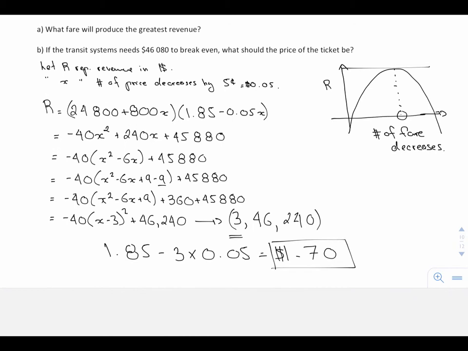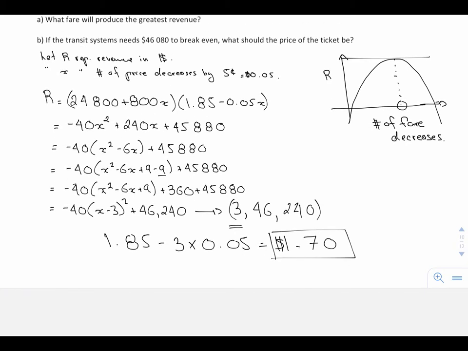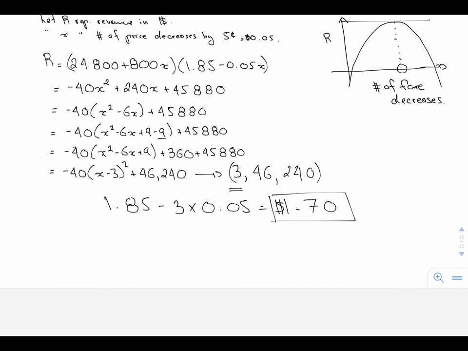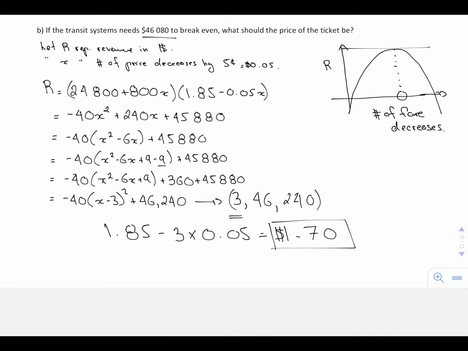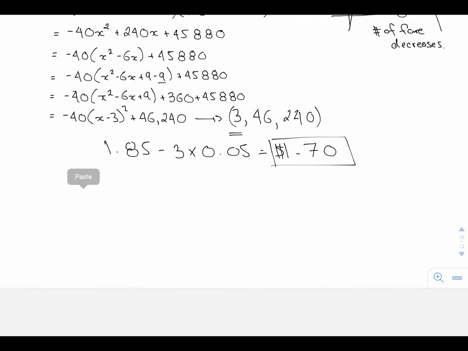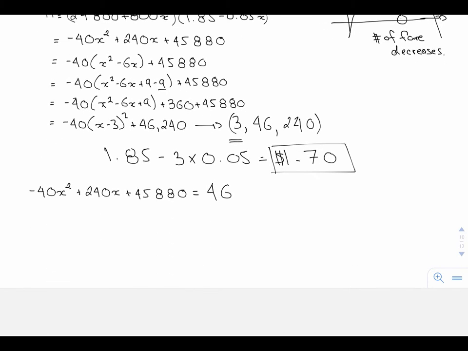The second part: what the transit system needs to charge to break even at $46,080. Just like something we've seen before, we're going to take that value, sub it into the standard form of the equation, and solve for the zeros. So let me take that equation, paste it, and set it equal to 46,080.